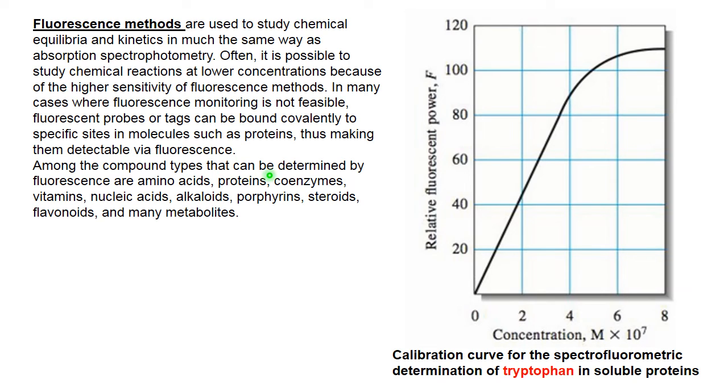Among compound types that can be determined are amino acids, proteins, coenzymes, vitamins, nucleic acids, alkaloids, porphyrins, steroids, and so on. For example, when you need to analyze some type of nucleic acid that is responsible for this pesky virus, you want to attach a fluorescent label to your reagent, so very small concentrations will be detectable.